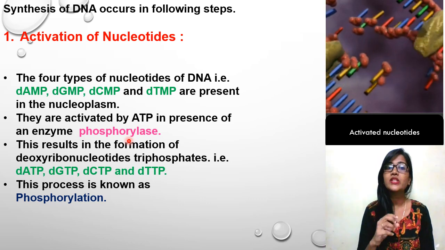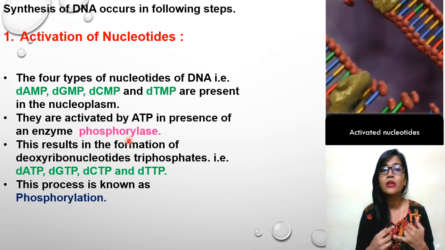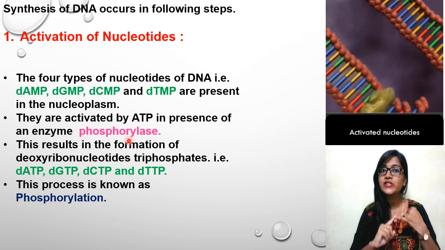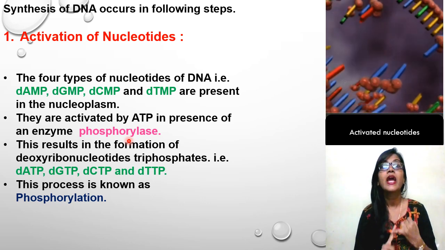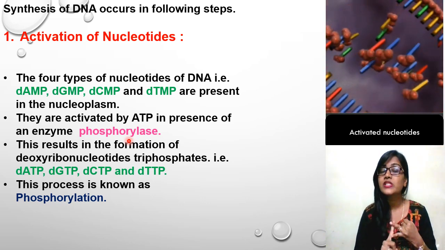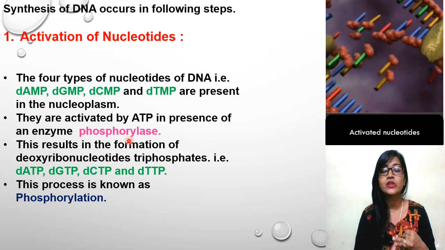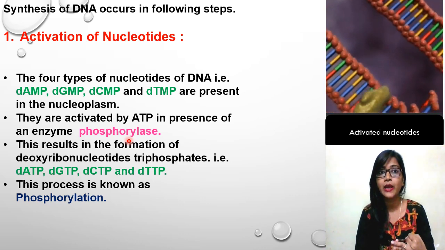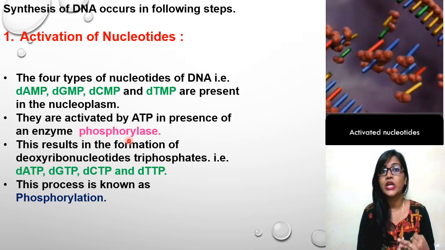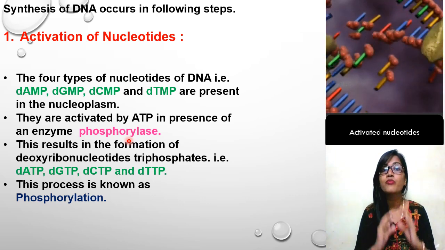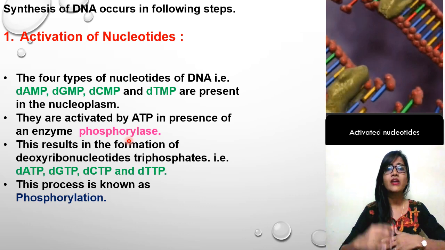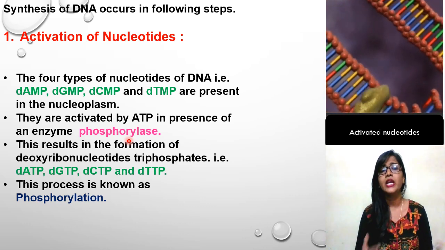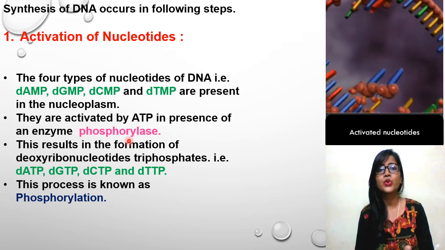So with the help of these two, that is, the presence of enzyme phosphorylase and the process called phosphorylation, what is the result that we are getting in this step? The nucleotides which are in the form of monophosphates are getting phosphorylated into another nucleotide.